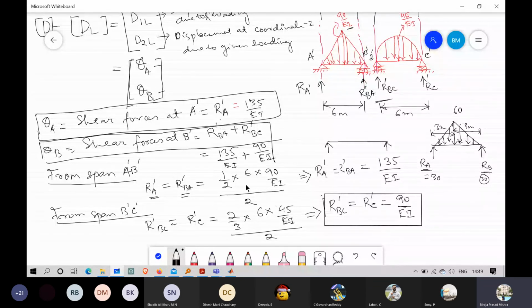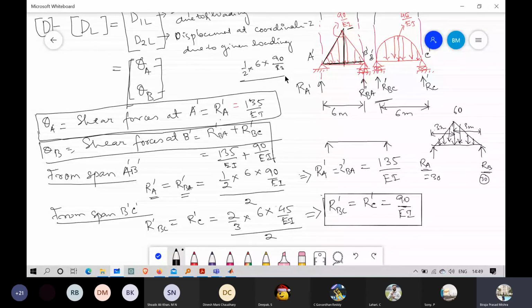This is half into base, 6 meters, into height, 90 by EI.